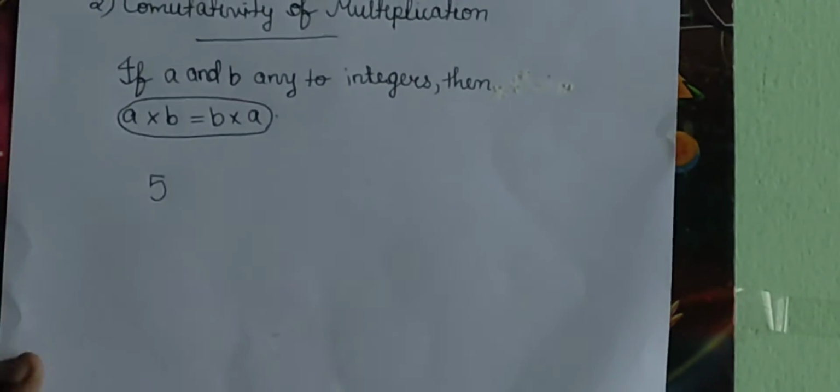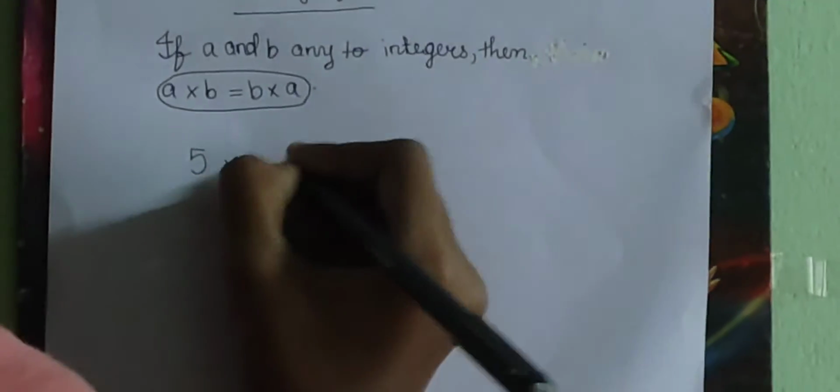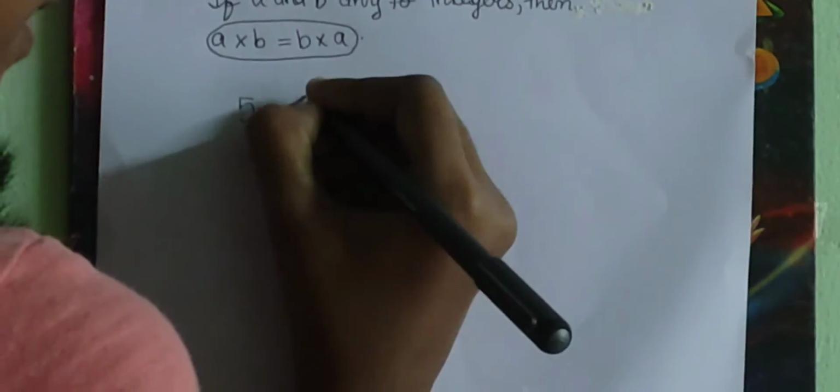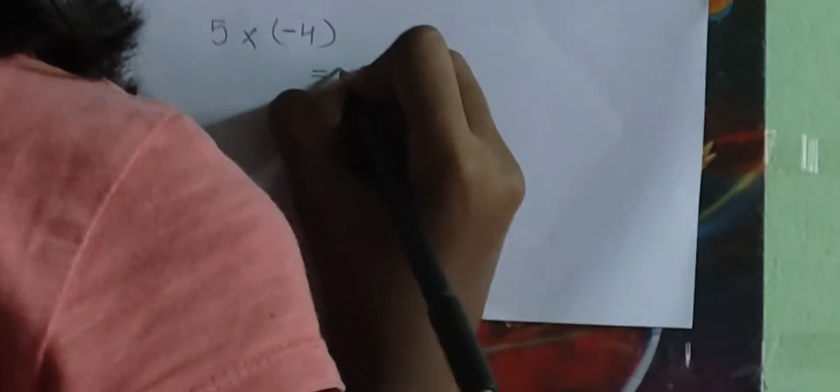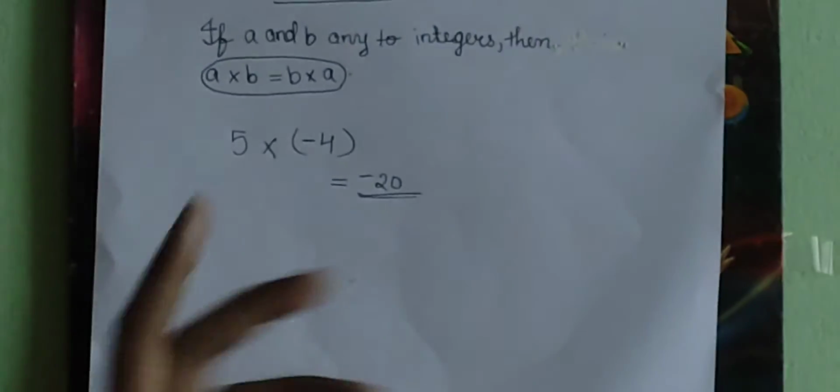Positive 5 into negative 4 is equal to 5 into 4, 20. Here we have one negative and one positive. When we have one negative and one positive, the answer is always negative. So here the answer is negative 20.